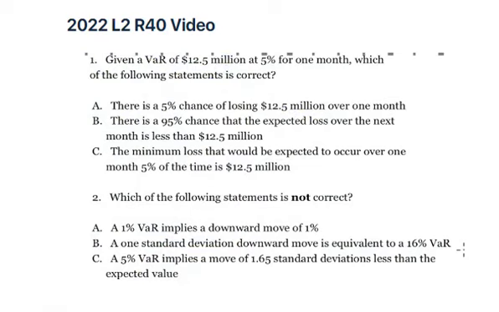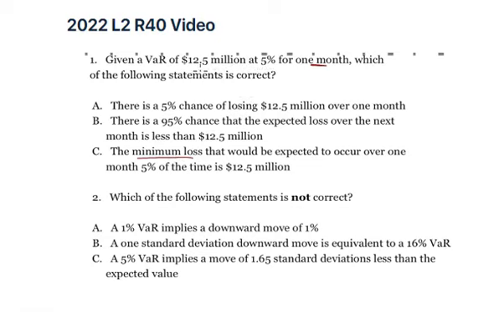And C, the minimum loss that would be expected to occur over 1 month, 5% of the time, is 12.5 million. Well, this is the only one that states it in terms of the minimum loss. How we would read this is there is a 5% chance that we would experience a minimum loss of $12.5 million over a 1 month period. And that's exactly what C is saying.